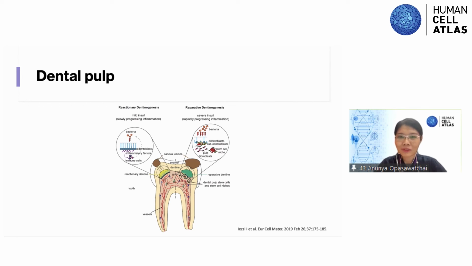In response to mild insult, such as slow-progressing dental caries, the odontoblasts, which are the cell types that produce the dentine, can generate what is called reactionary dentine to wall off the infection, and the inflammation will be kept at a minimum at this stage.